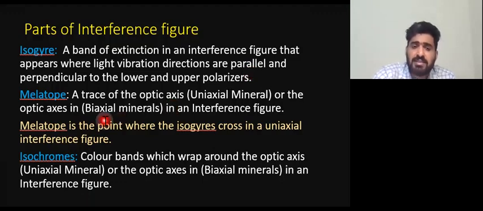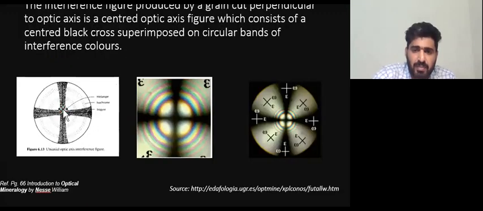Melatope is the intersection of those isogyres. At the center, you can see there's a point of emergence of the optic axis. So this black band is the isogyre, and the central part is the melatope. Melatope is nothing but the emergence of the optic axis.